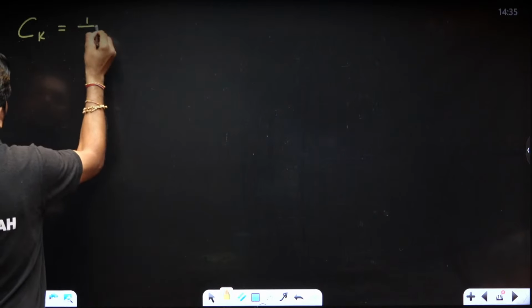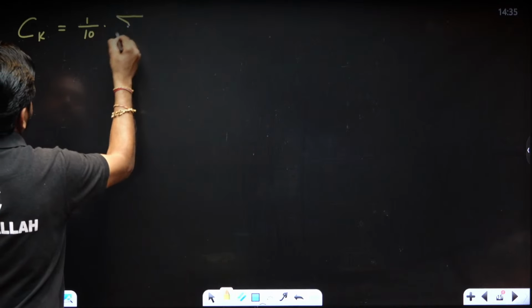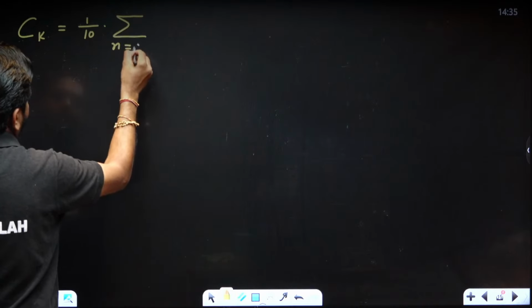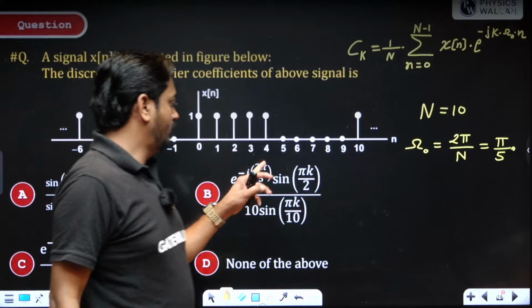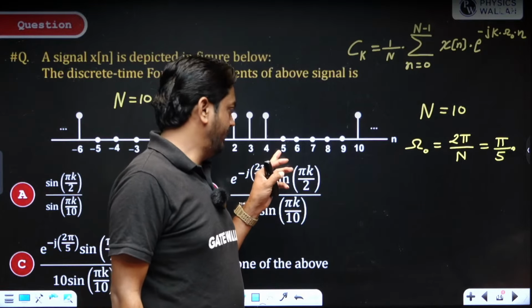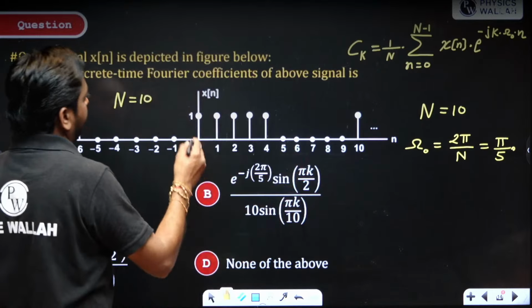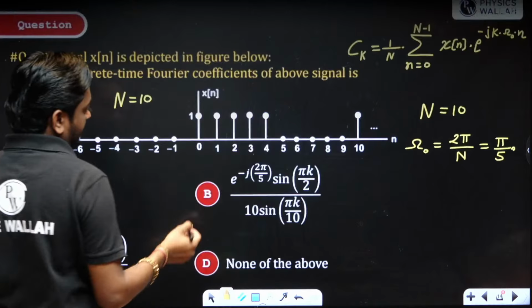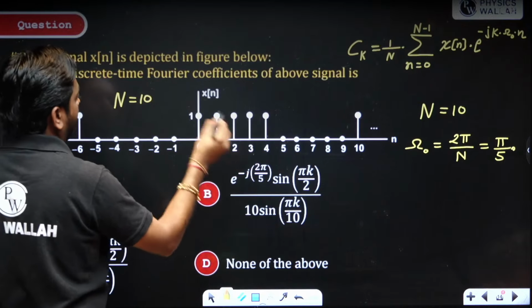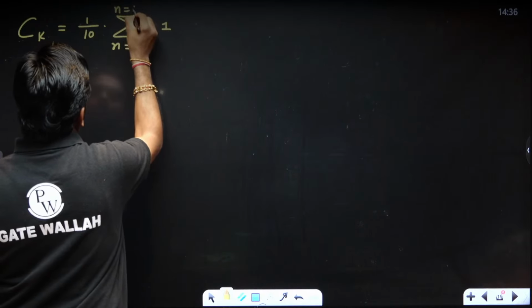So Ck is equal to 1 by 10 summation n is from 0. Now see, from n equal to 5 to 9, sample value is 0. So if you put the value of x of n here, x of n is 1, guys. It is 1 from 0 to 4, so n equal to 0 to 4, right?